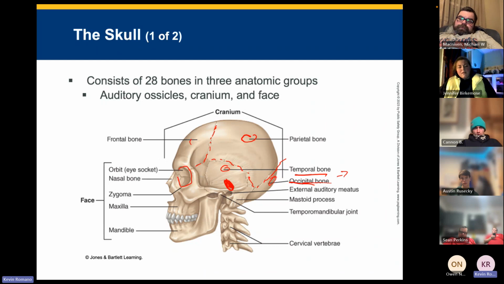You guys still hear me? Battle signs. Battle signs. Perfect. Now, if we have bruising around the orbits, what is that called? Raccoon eyes, exactly.